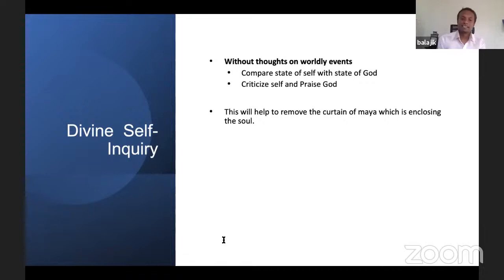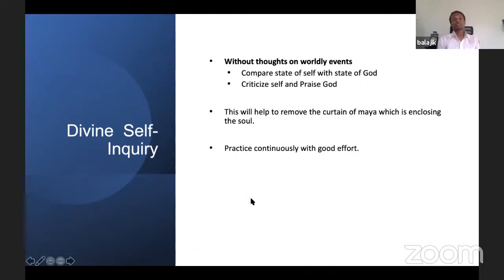This is the heat which is responsible for removing the Maya in us. That's what Perumal says. And that could be done through this divine self-inquiry without having thoughts on worldly events, but comparing ourselves to God. So this is how it basically works.